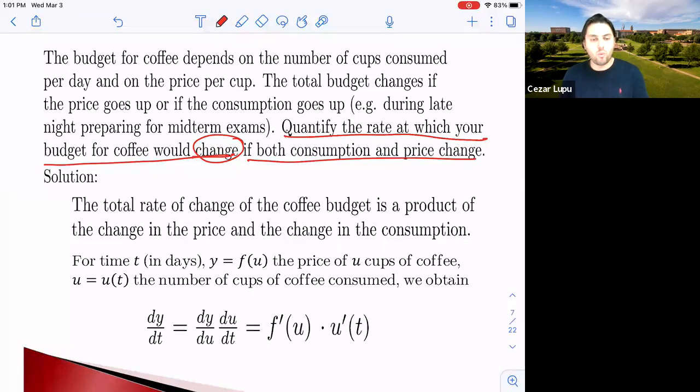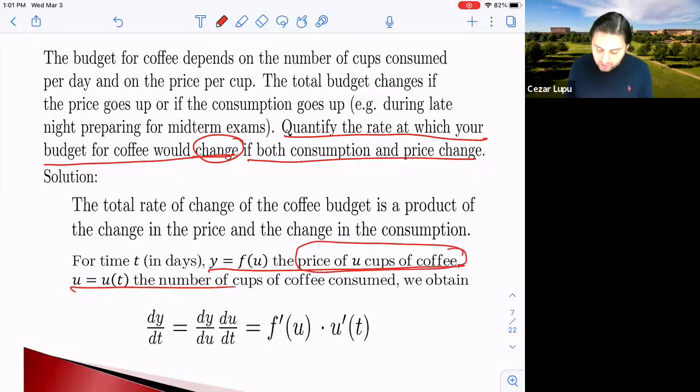So we will consider y as f of u, which will be the price of u cups of coffee. And of course, u, the cups function, let's say, u will be a function of t, the time, will be the number of cups of coffee consumed. So this is the price of cups of coffee.